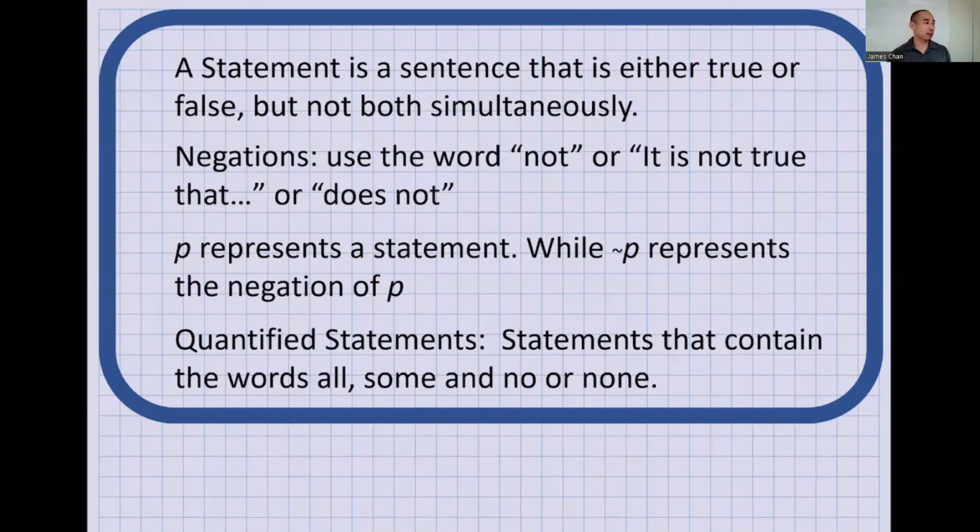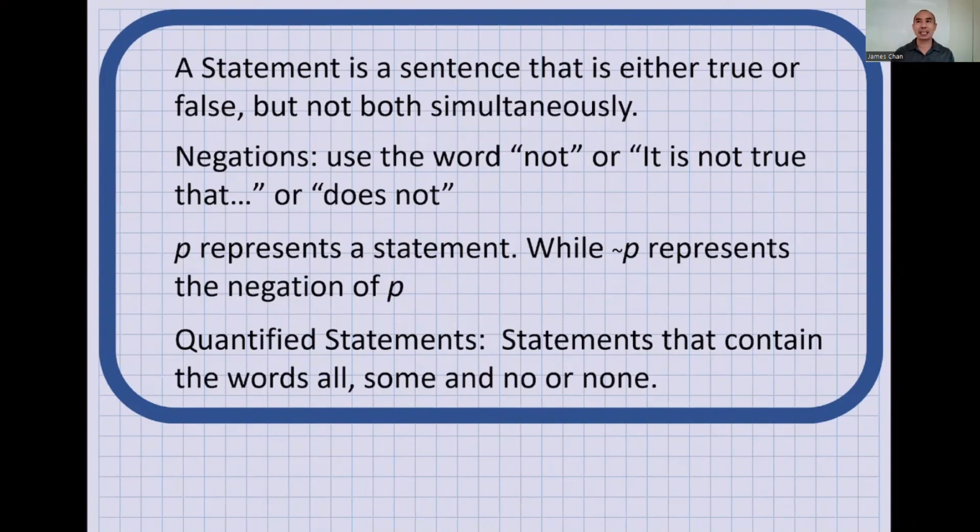Negation is basically the opposite of that particular statement. So usually we use "not," or "it is not true that," or "it does not." And we usually use p and q to represent a statement. I would tell you to use a letter, and it's usually lowercase. If you've got a bunch of statements, I would use a letter that makes sense for that statement.